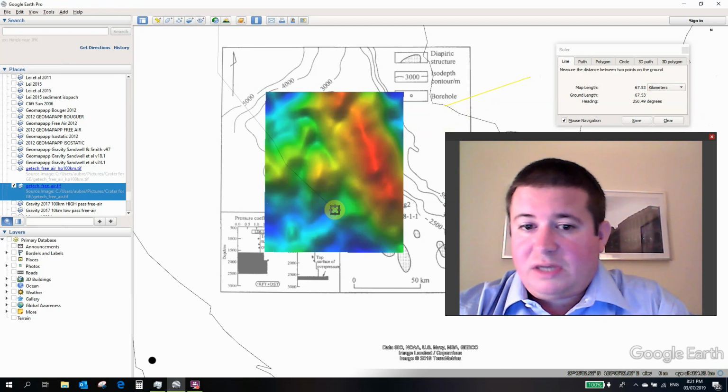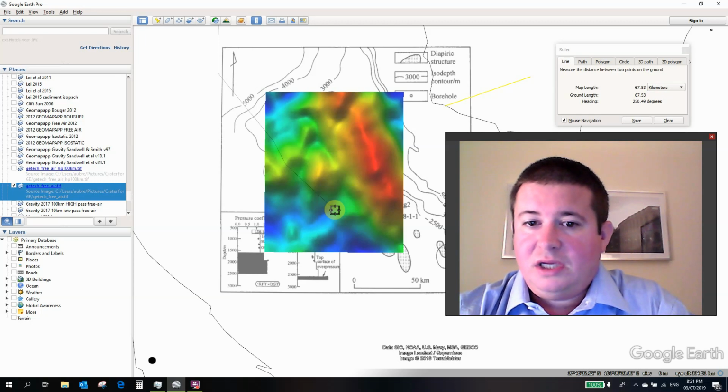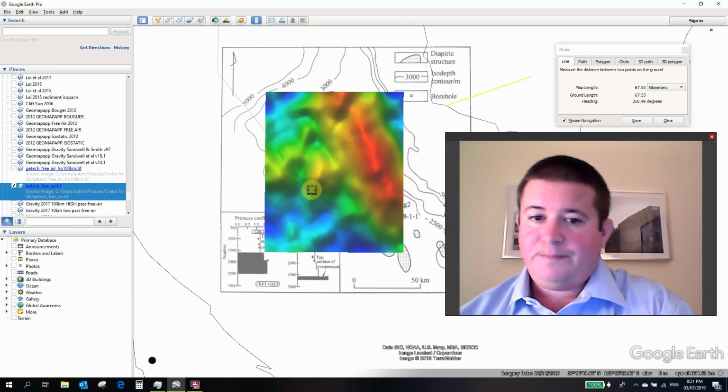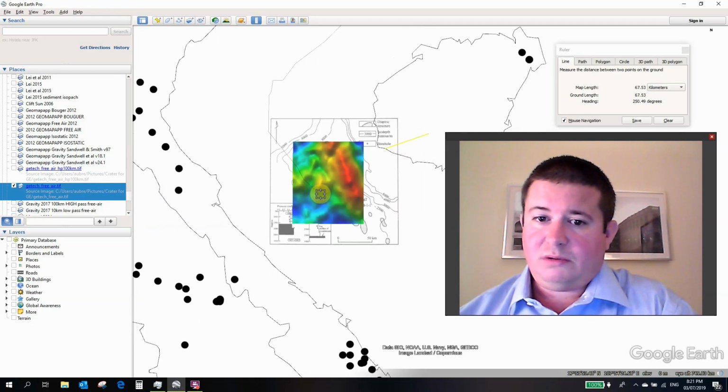We think it's going to be a similar size to Chesapeake crater, so about 40 kilometres, with some slumping which might have enlarged it to maybe 80-90 kilometres in diameter, but your main crater is going to be about 40 kilometres in diameter. So this is 43 kilometres. That's pretty close, so again, matching.